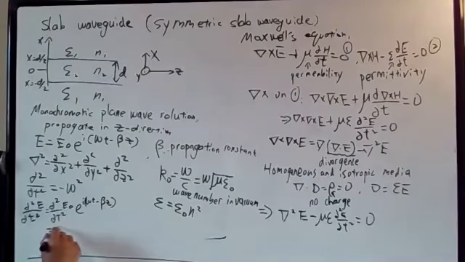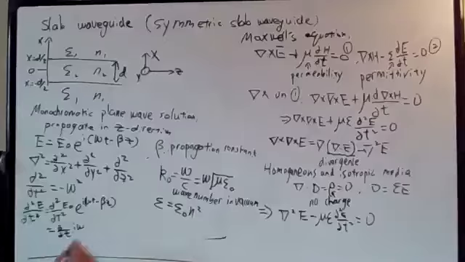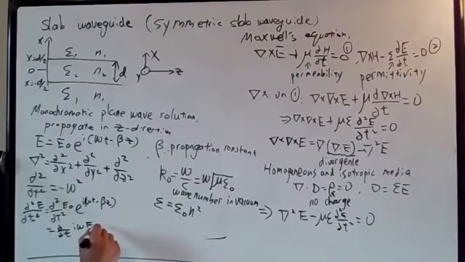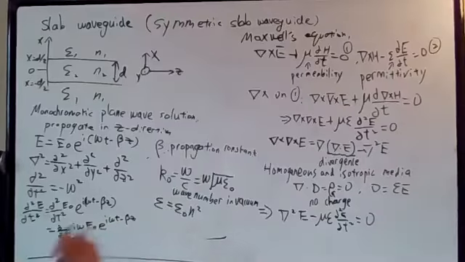So let's just take the derivative. The first derivative gives i omega E naught exponential i omega t minus beta z. Then we take another derivative, because this is the only t term, giving i omega times i omega, which is negative omega squared, E naught exponential i omega t minus beta z.